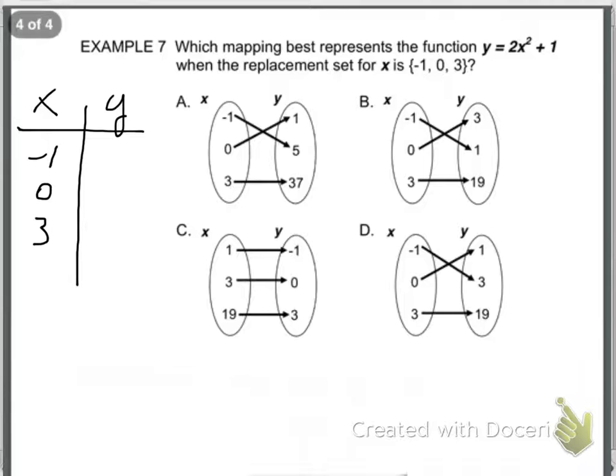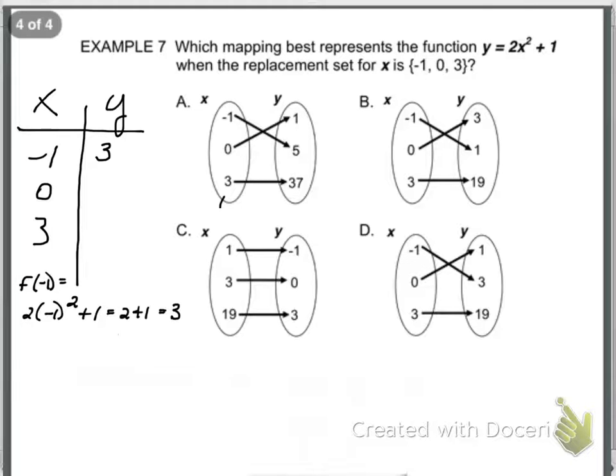So you're going to have 2 times -1 squared plus 1, which is 2 plus 1, or 3. So our y value here is 3. And if you wanted to write that in functional notation, that's f of -1. I put -1 in for x.